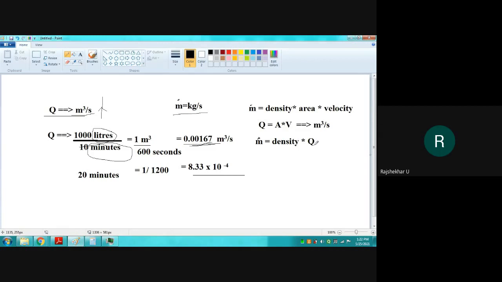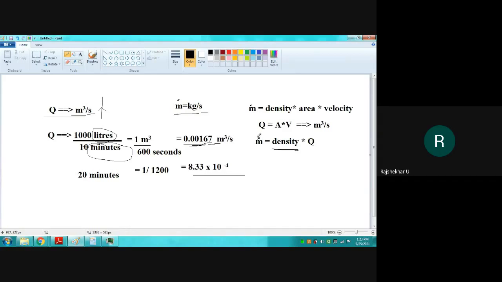So we use this mass rate of flow for gases. Why do we use it for gases? Because in case of gases, density keeps on changing. But what if it is water? For water, we cannot use mass rate of flow.